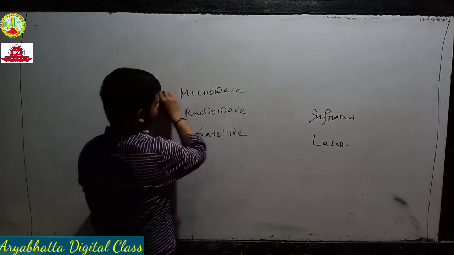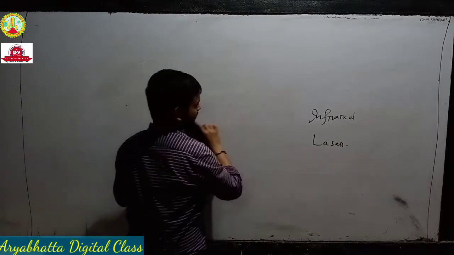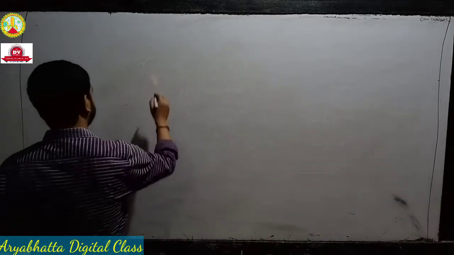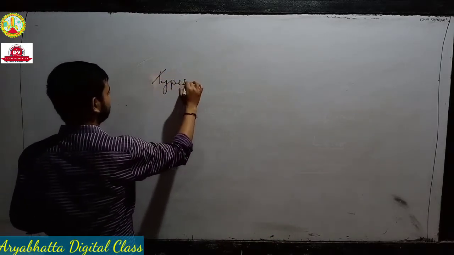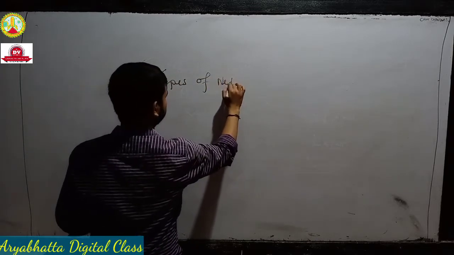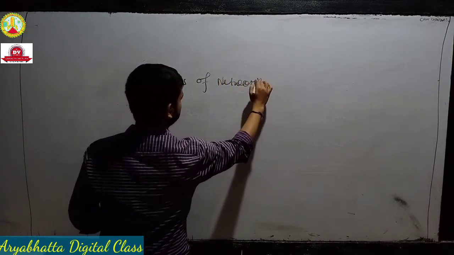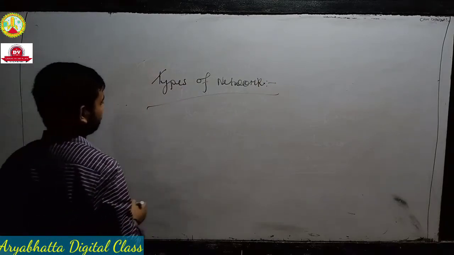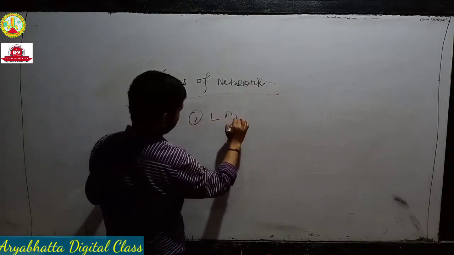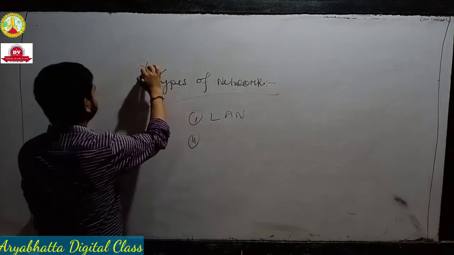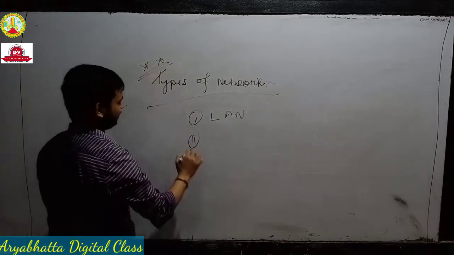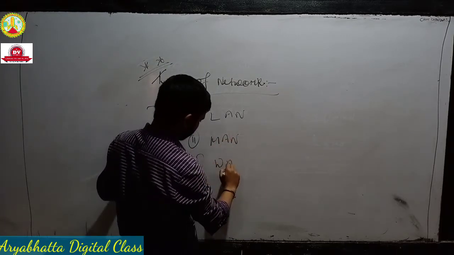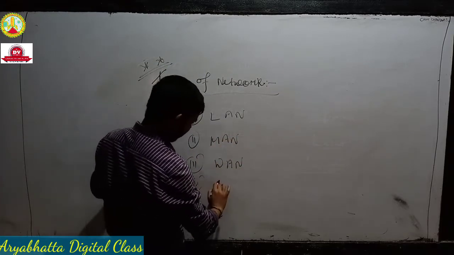Next is types of network. And how many types of network? First one is LAN. This is a very easy and important topic. Okay, LAN, MAN, WAN, and one is PAN.